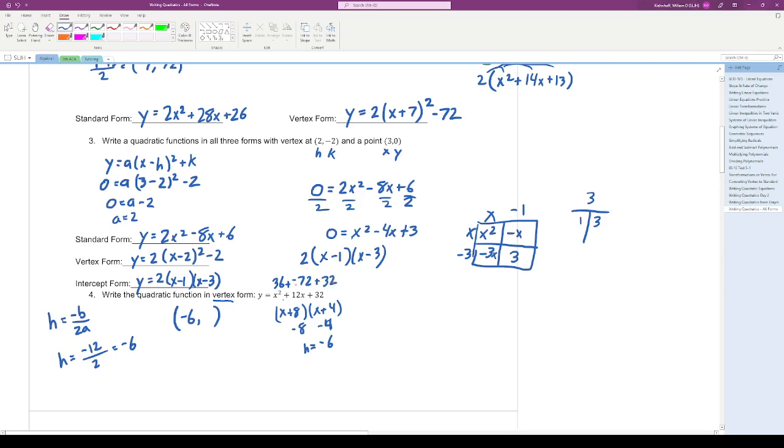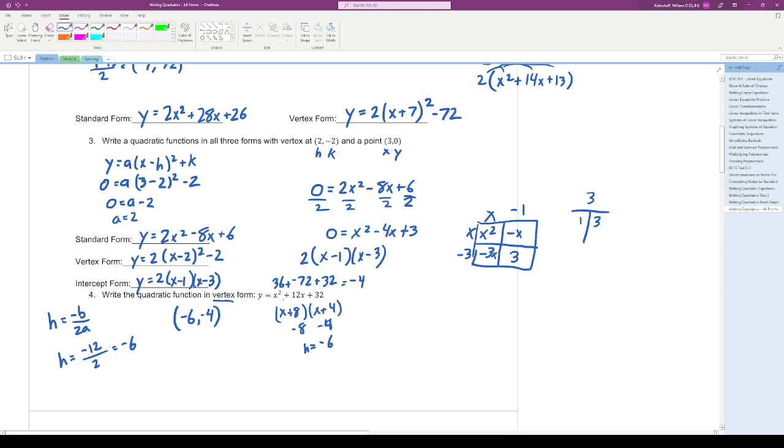So 36 minus 72 plus 32 gives us 68 minus 72, so that equals -4. So that's our y coordinate.